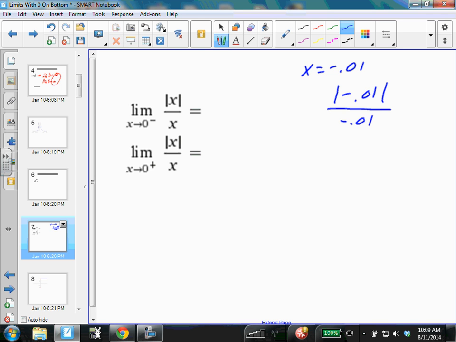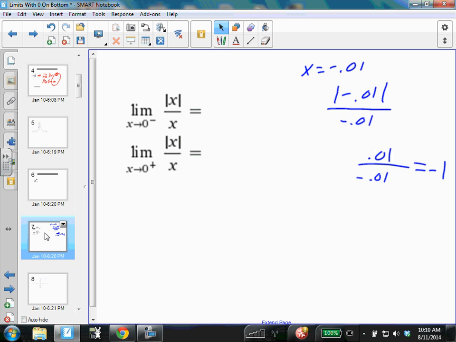And we can make it closer and closer and closer, right? All right. So what happens when you do the absolute value of negative 0.01? You get 0.01. And then on bottom is negative 0.01. Well, we already said before, any number divided by itself just makes what? 1. And in this case, we have a positive divided by a negative, which makes a negative.